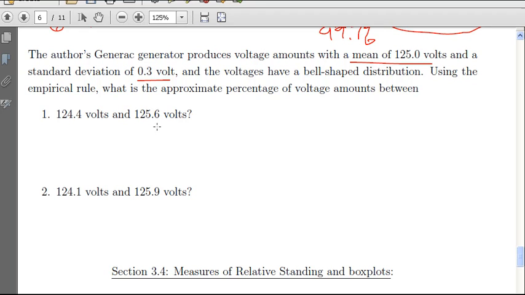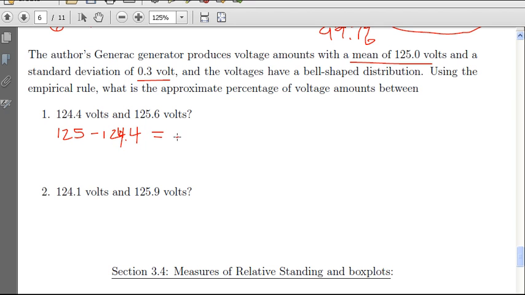Let's attack this a slightly different way. I know that the mean is 125, and we're looking for a lower bound of 124.4. So I'll take 125 minus 124.4 and figure out how far apart those are. I can do this in my head.